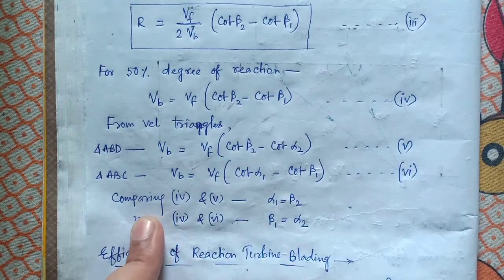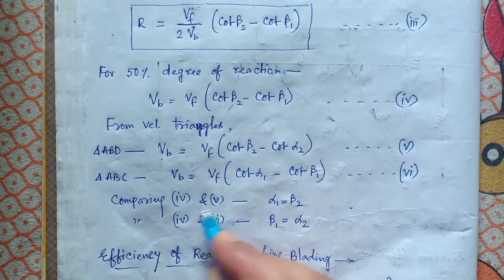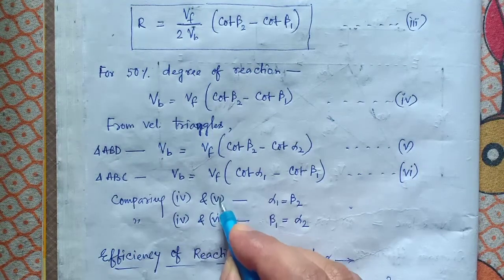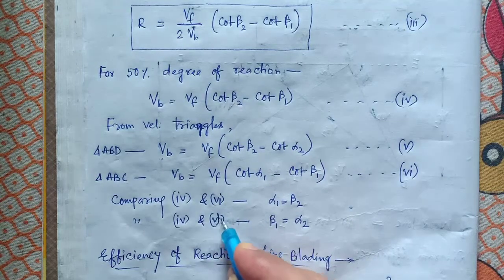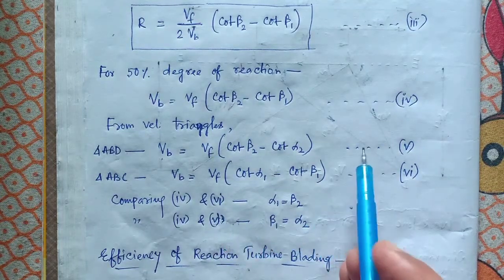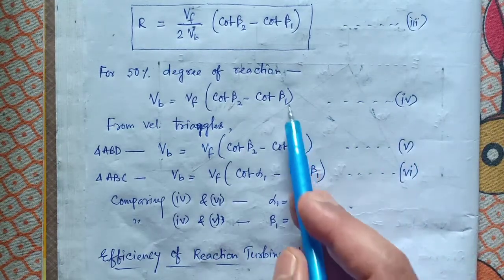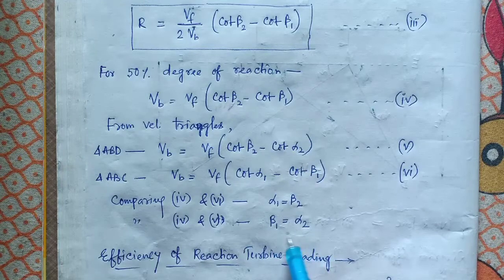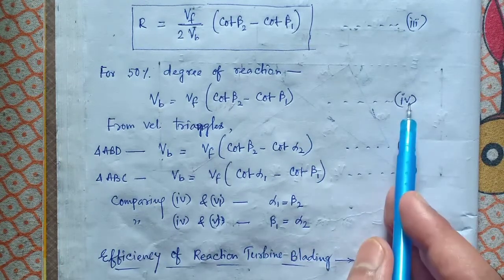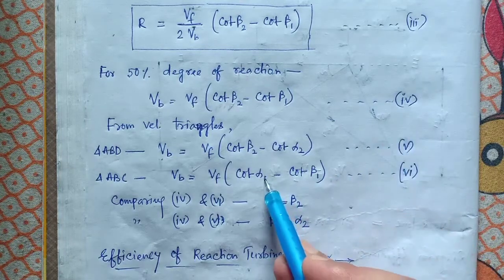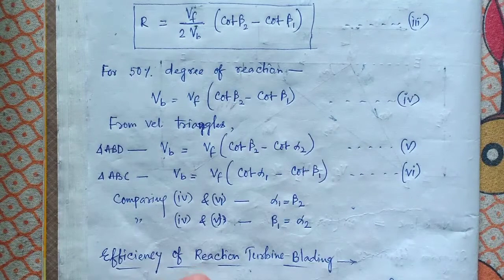This is comparing 4 with 6, and this is 4 with 5. If you compare 4 with 5, you will see alpha 2 equals beta 1. And if you compare 6 with 4, you will see alpha 1 equals beta 2. This is very easy to compare.